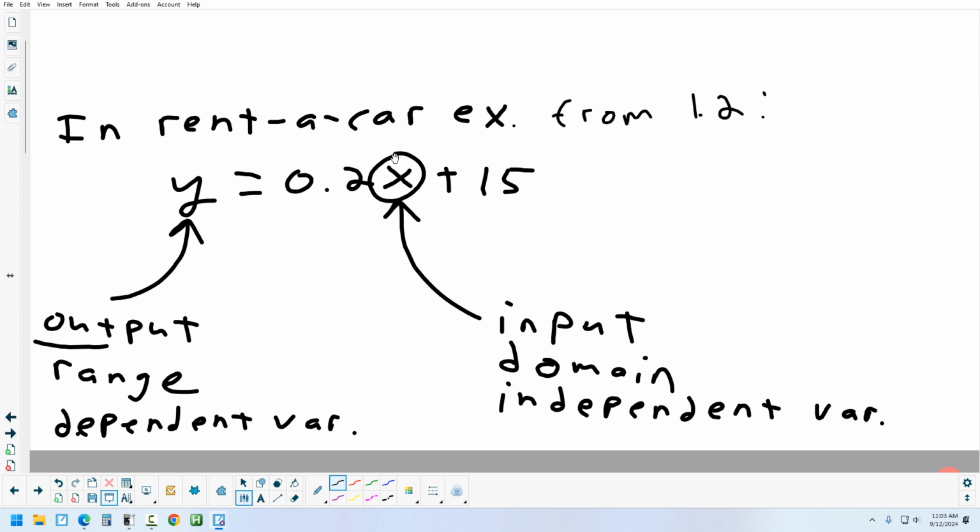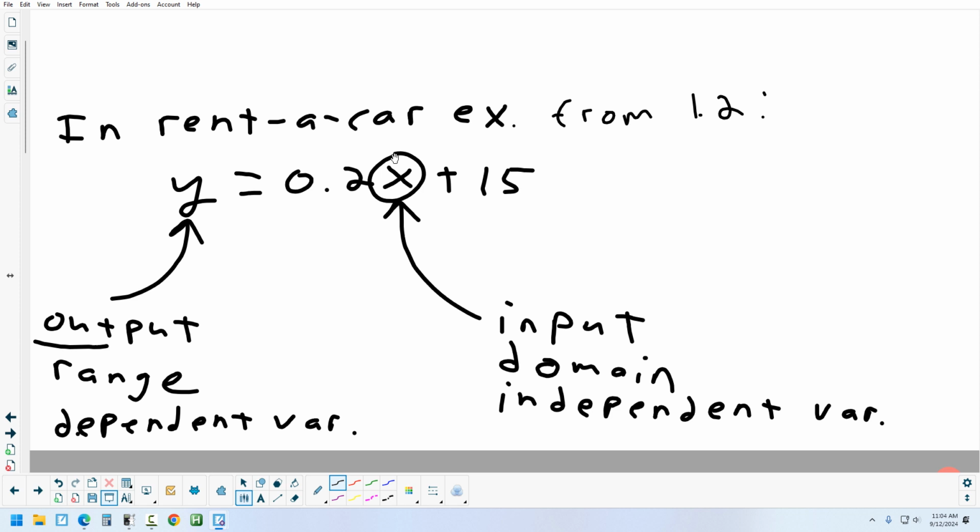What kind of numbers could you fill in for the x variable? Real numbers? So like negative 12 would be okay? Not negative. Any real number that's 0 or positive. 0 or higher.